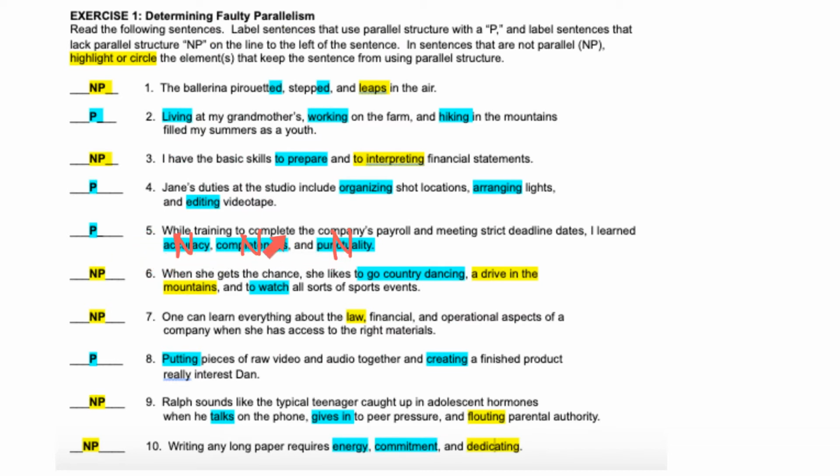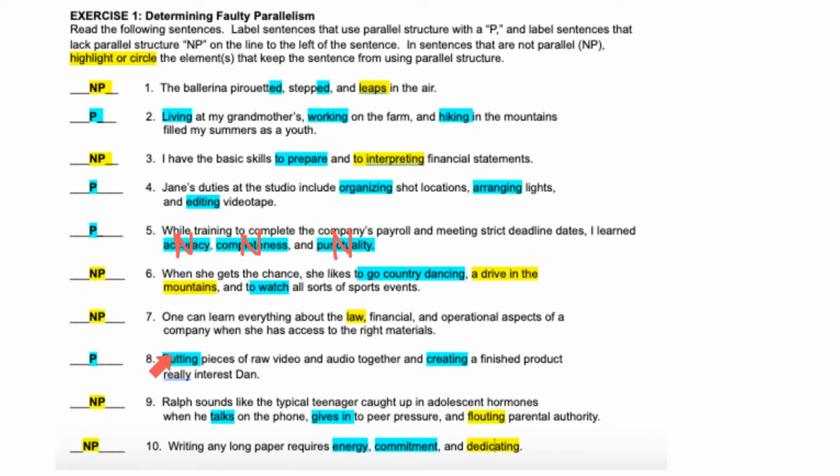If I've started this list as nouns, then I need to continue this list as nouns as well. Sometimes students will ask about this word completeness. They'll say, well, it doesn't have a Y at the end, like accuracy or punctuality. That's not a problem. These are still nouns, and so it's the same grammatical word. That is, it's the same part of speech.